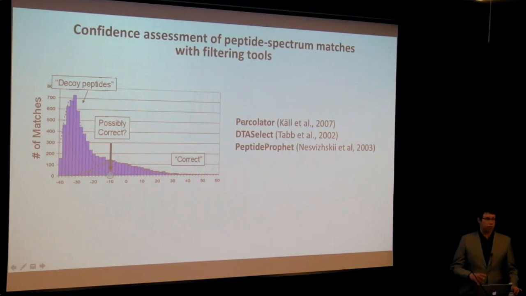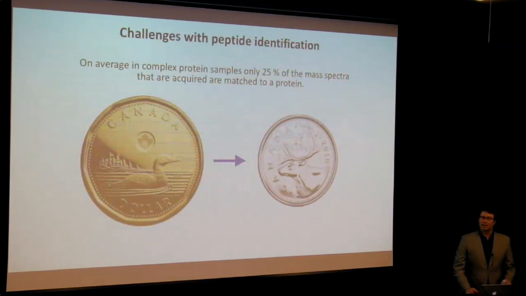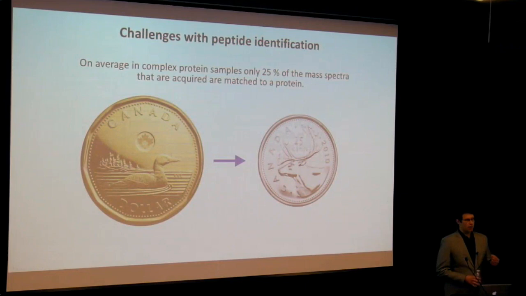Now, these tools are old. Yes, that's true, and that's a common thing that they share. Another thing that they share is that they still have sensitivity issues. In fact, when you run a proteomics experiment, only 25% of the mass spectra that you acquire are actually matched to a peptide or a protein identification.